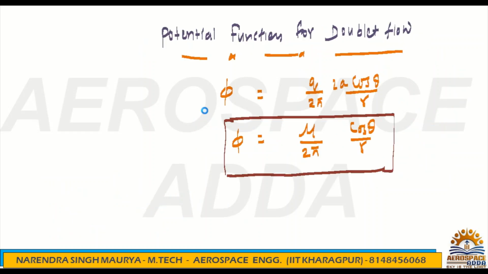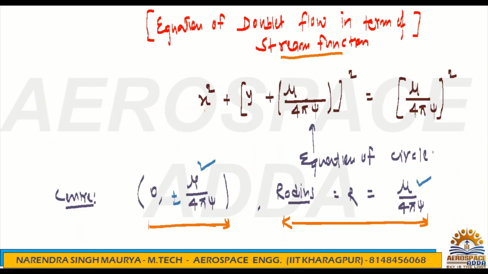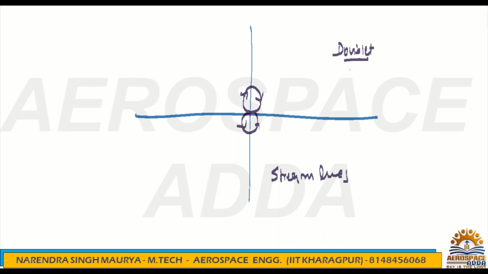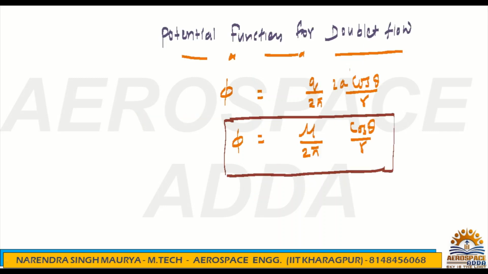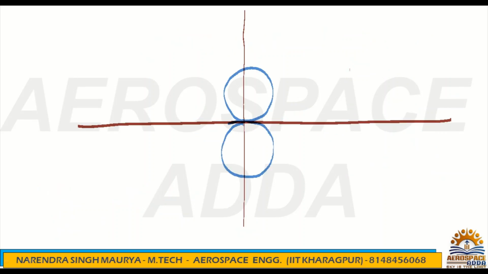What you have seen here are the streamlines. All of these are streamlines because you have written the equation of doublet in terms of the stream function. That's the reason I have written streamlines here. There should not be any doubt. But if you write the equation of doublet in terms of potential function phi, then you have to draw the pattern, and that pattern will be equipotential lines.